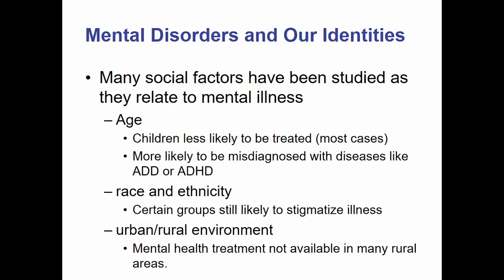So a lot of kids in the past have been treated with these drugs probably to an overextended degree, and certainly a lot of kids did have and do have ADD and ADHD, and they do stop. Those symptoms do tend to stop in adolescence. Some adults do have, again, these diseases as well, but children have a greater chance of being misdiagnosed with these disorders because some ADD and ADHD behavior, again, is part of being a child, right?